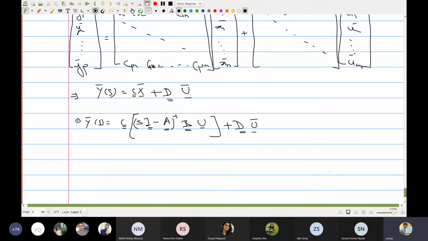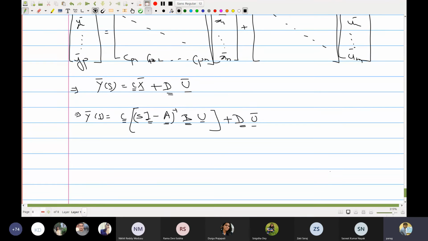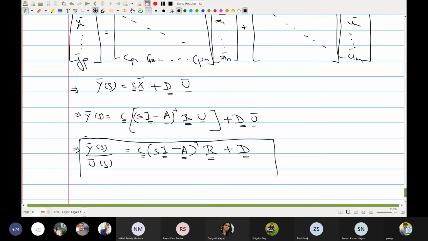Now, what is the point of doing this? The point is very simple. Y bar of s by u bar of s will simply become C times the inverse of (sI minus A) times B plus D. And what is this huge expression?